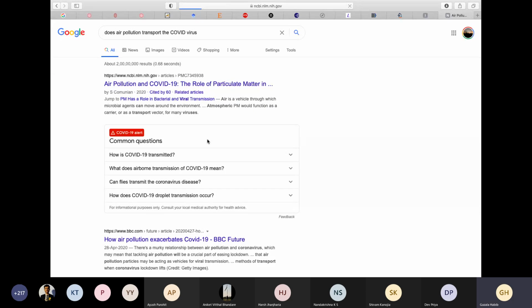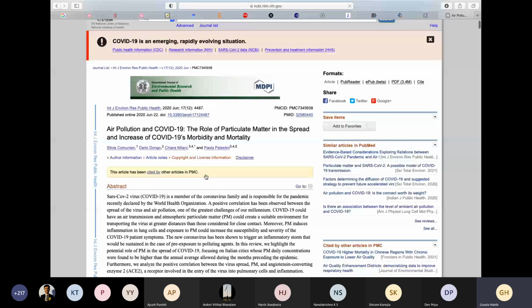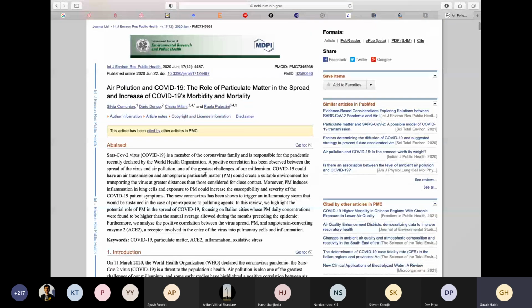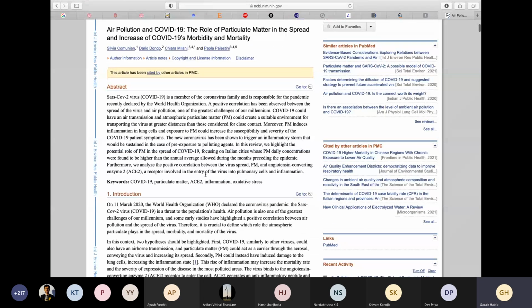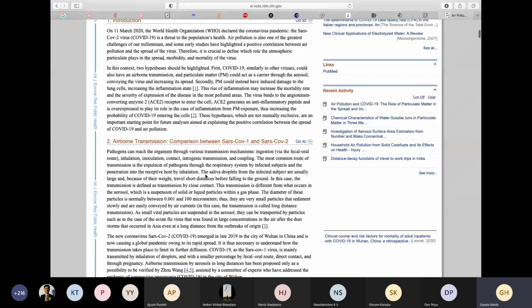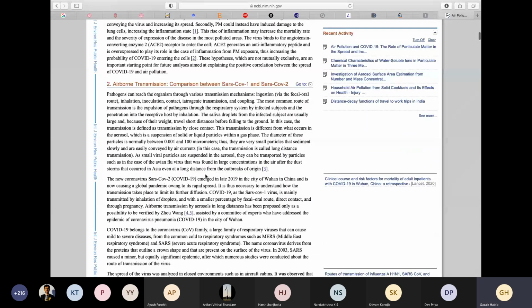So I'm just searching through Google, and I found a paper, Air Pollution and COVID-19: the role of particulate matter in the spread and increase of COVID-19 morbidity and mortality. I think this would be a very interesting paper. If you want, I can upload it.